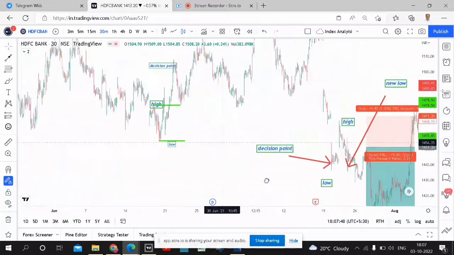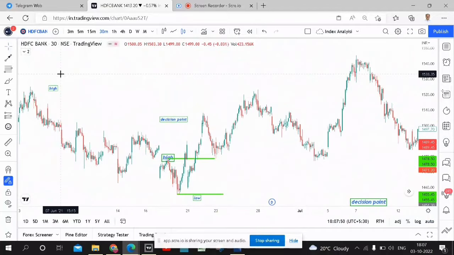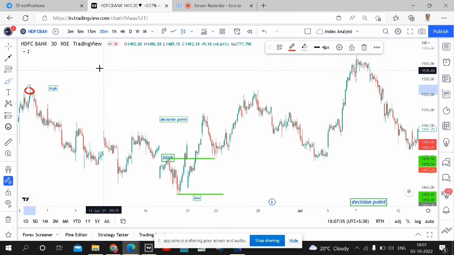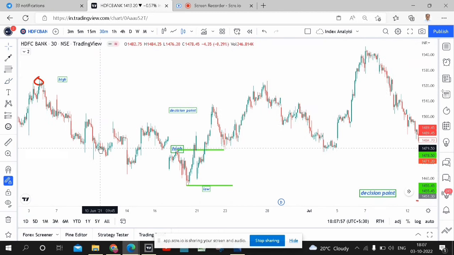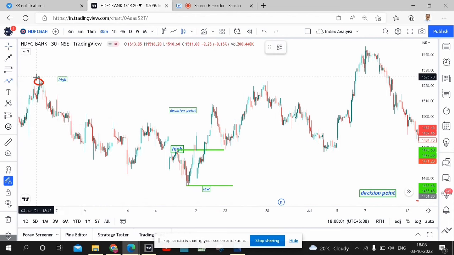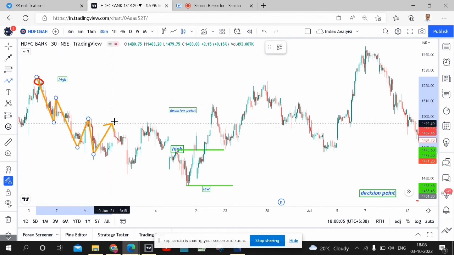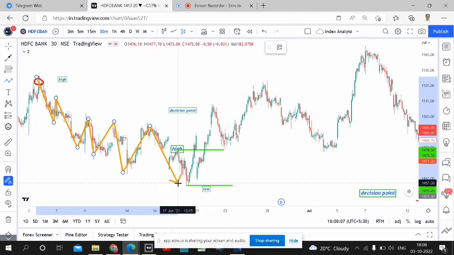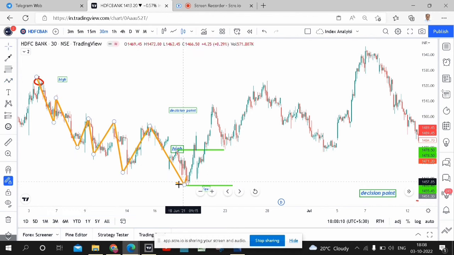For example, if we see here, this is the highest point. The market is making a high low, high low, high low, high low. So we came to the point. This is the lowermost point, and this is the previous high.